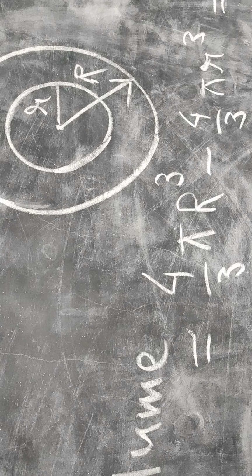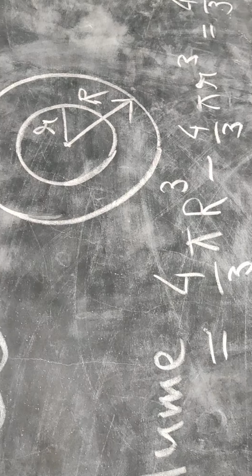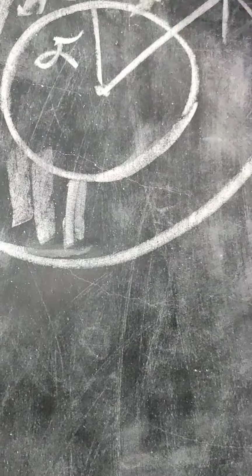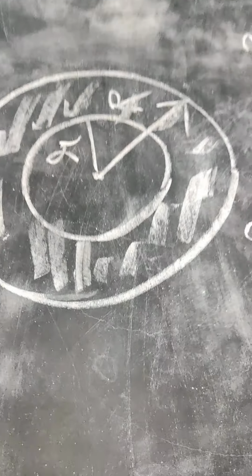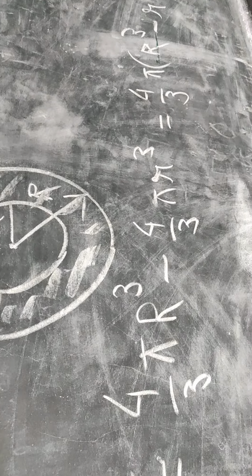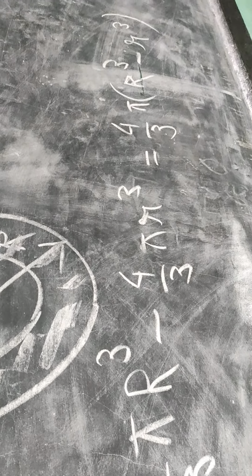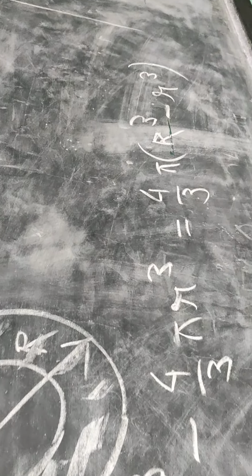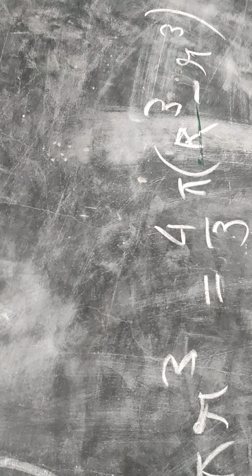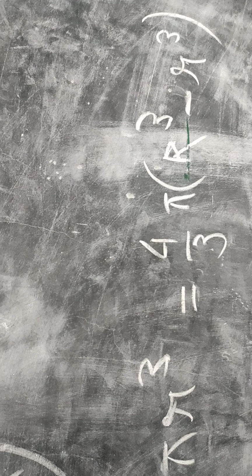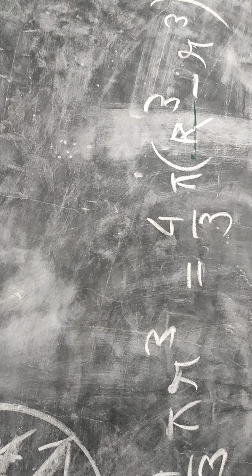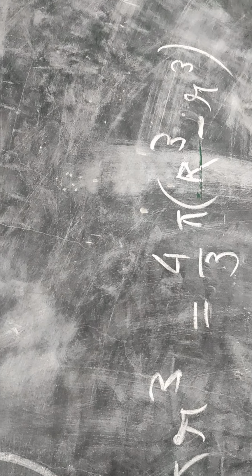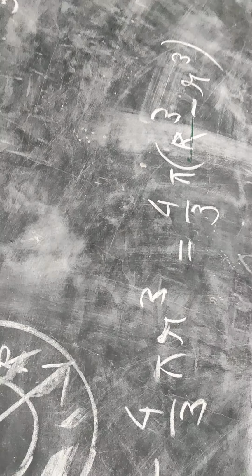Outer volume minus inner volume, we will get this part. If we take 4 by 3 pi common, then it is 4 by 3 pi times capital R cube minus small r cube, cubic unit.